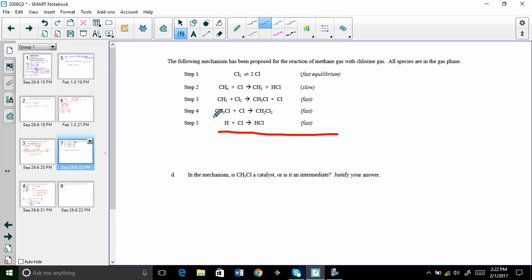So CH3Cl cancels there. 2 Cl's, and then 1, 2 Cl's. And then, I got another Cl here and another Cl here.